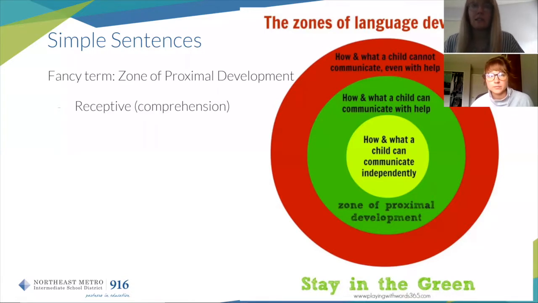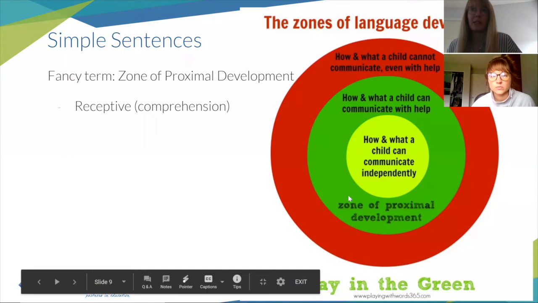Our next strategy that we're going to talk about is using simple sentences. So this visual is a nice way to describe this fancy thing called the zone of proximal development. So we know how and what a child can communicate or understand independently. So when we're working with our students, we want to be working at the zone of proximal development.